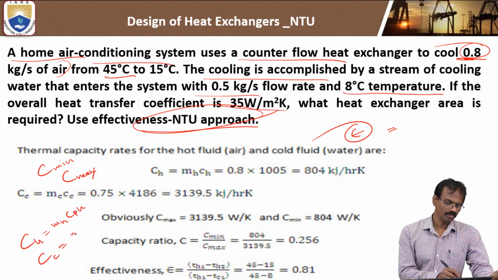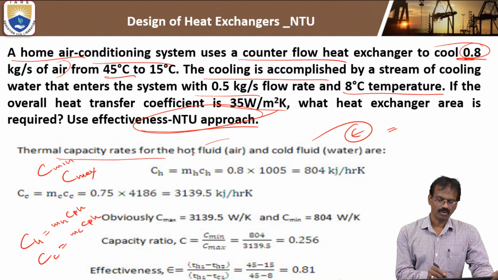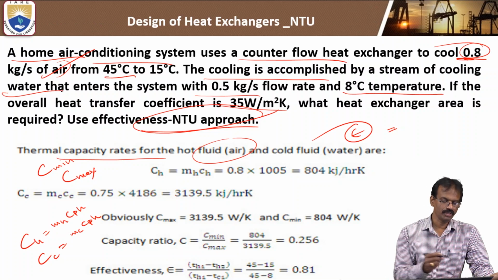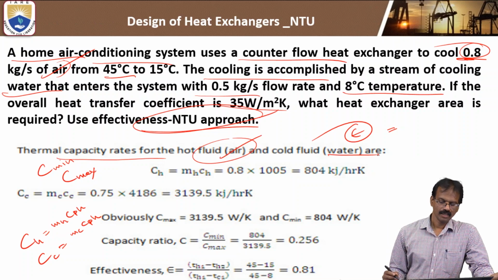CC is equal to the mass flow rate of the cold fluid into the specific heat of the cold fluid. Okay. So this is the thermal capacity of the hot fluid. Here the hot fluid is air, and the cold fluid is water, which enters the exchanger.